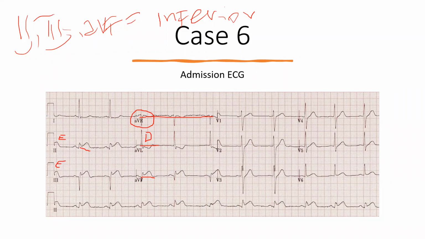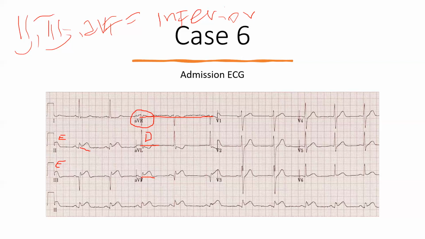And classically, whenever we have an ST elevation of more than 1 millimeter in the limb leads, meaning leads 1, 2, and 3, AVL and AVF, we call this an ST elevation MI. And if there is an ST elevation of more than 2 millimeters in the V leads, then we call this also diagnostic of an ST elevation MI.